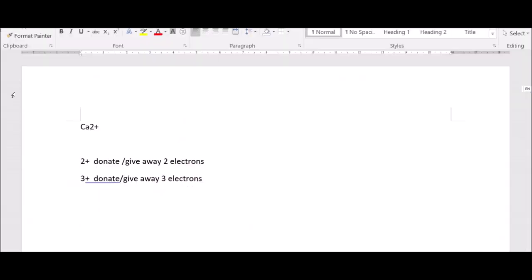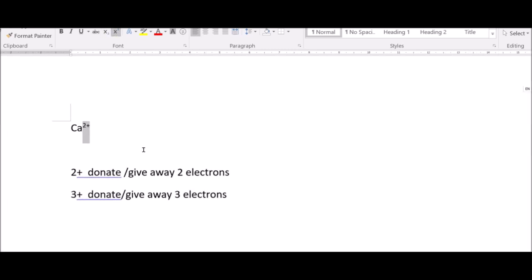So what does the 2 plus on the right side mean? Other than showing the oxidation number, it also means that the 2 plus is donating away 2 electrons.